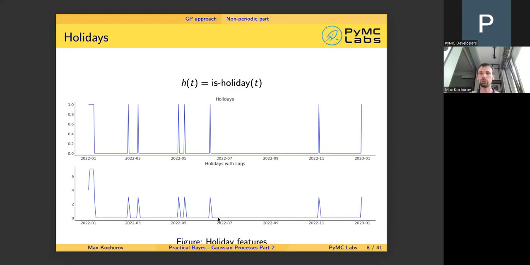You can learn this saturation effect of the holiday event using a Bayesian approach. Or maybe it's vice versa: people prepare for the holiday, change their behavior, and that's it. The holiday passes and they're back to normal. Both are possible to figure out with data.